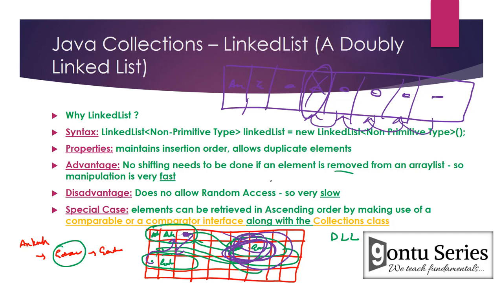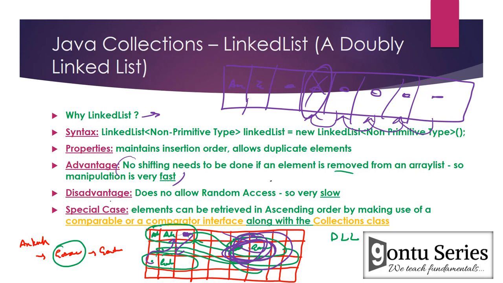So this way, a linked list is comparatively very fast in comparison to an array. In case of an array, removing any element is very slow. But in case of a linked list, removing an element is comparatively very fast. So this is what this line means.